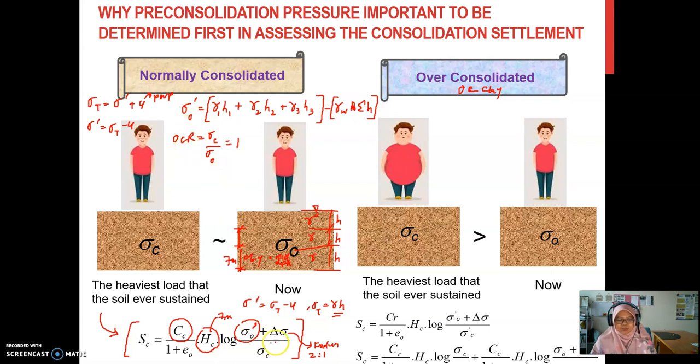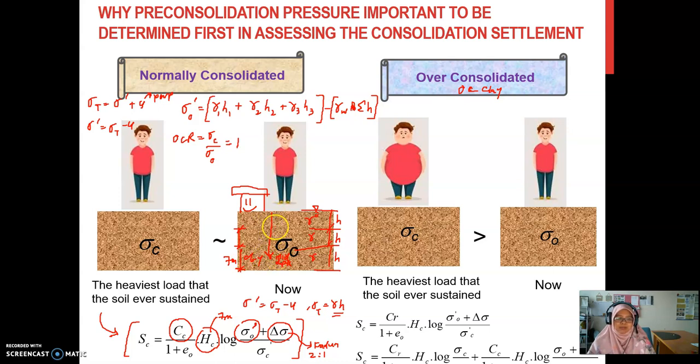So let's say we plan to build a building, a small building. We need to calculate the vertical effective stress at the mid depth of the clay.